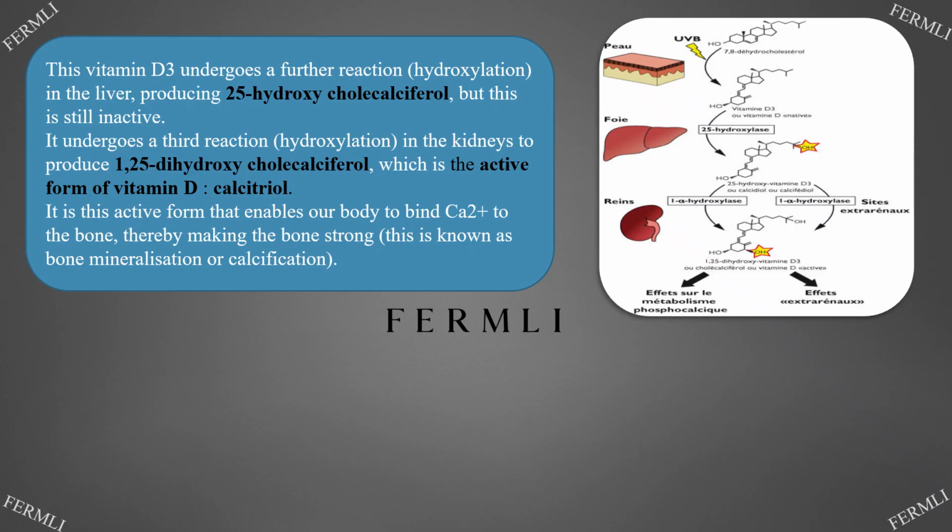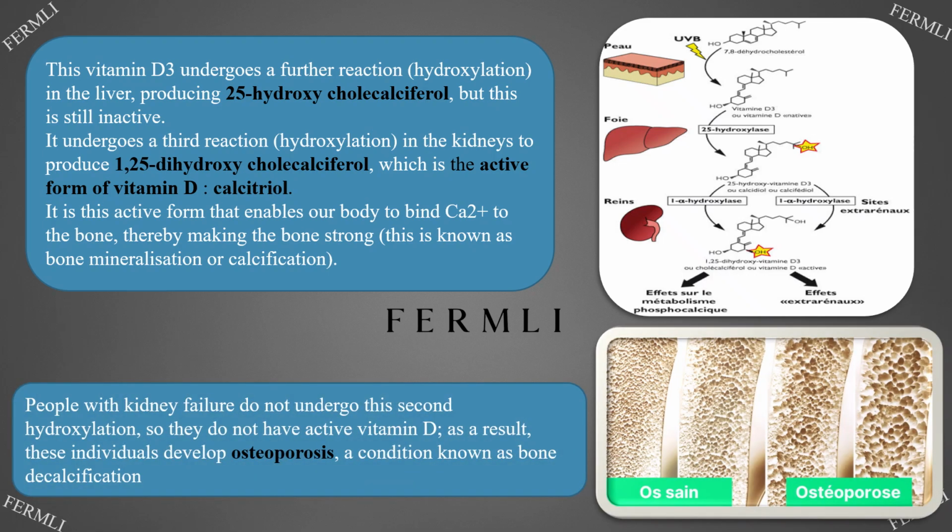It is this active form that enables our body to bind Ca2+ to the bone, thereby making the bone strong. This is known as bone mineralization, or calcification. People with kidney failure do not undergo this second hydroxylation, so they do not have active vitamin D. As a result, these individuals develop osteoporosis, a condition known as bone decalcification.